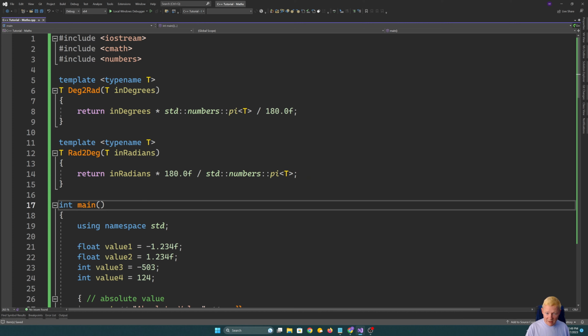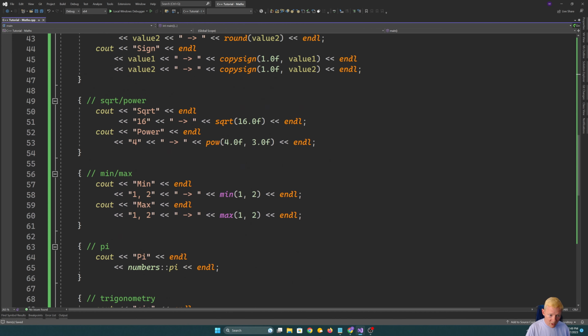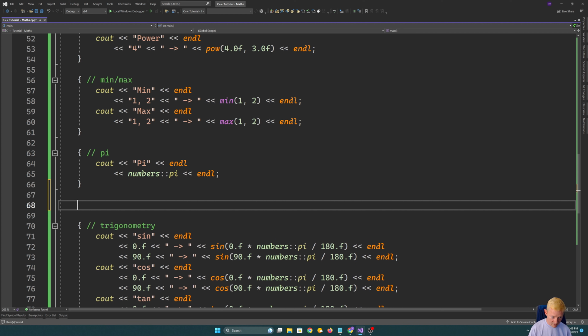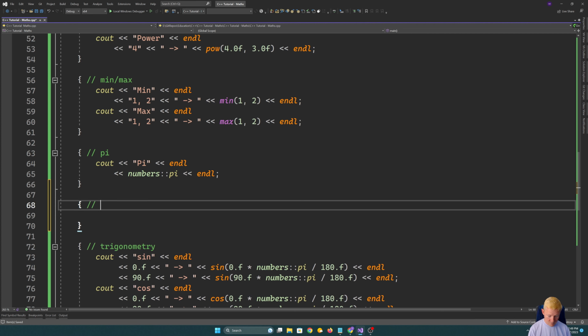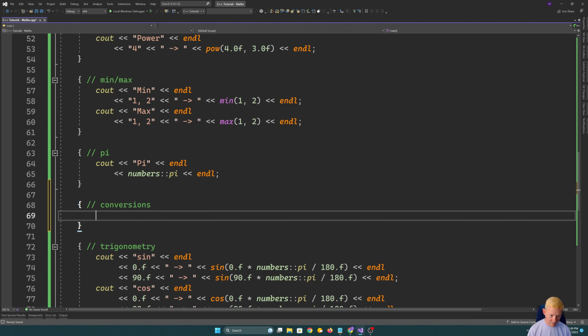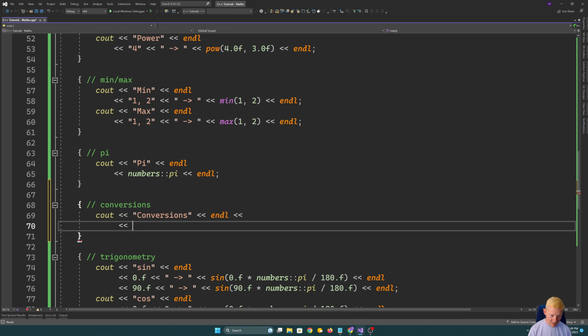So, okay, we can test that out and see how that works. So I test that out down here. Conversions. So we would do cout conversions. There might be a couple of things we need to modify with it. So let's say we're working with 60 degrees. And we could then go and say deg to rad of 60.0f.